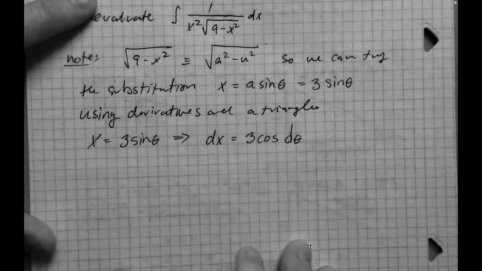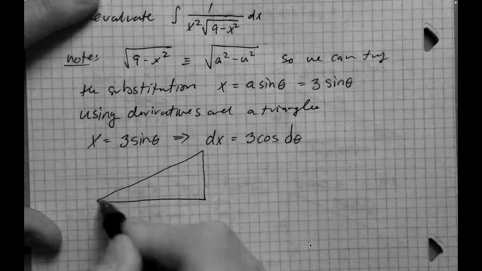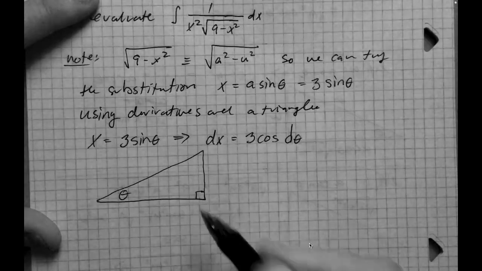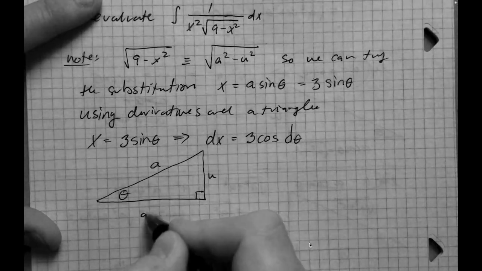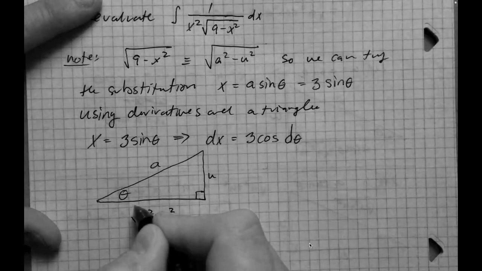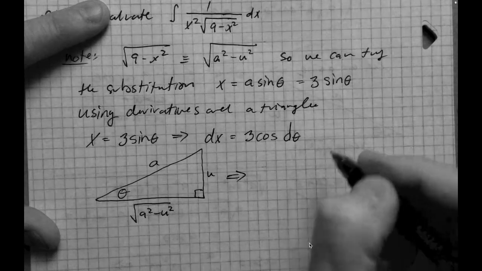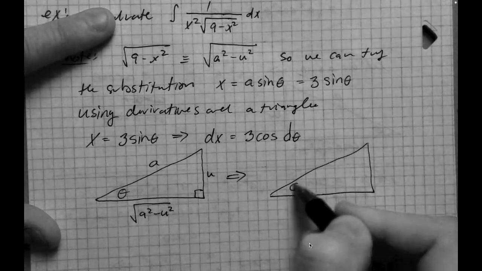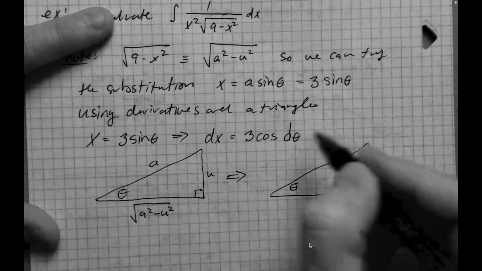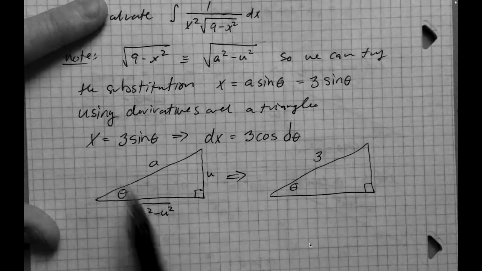That's good. And so here was the triangle we looked at a moment ago. We said a was up here, u was down here, and you had a squared minus u squared here. Just plugging our values in here, that would be 3, and then u we just said was 3 sine theta.